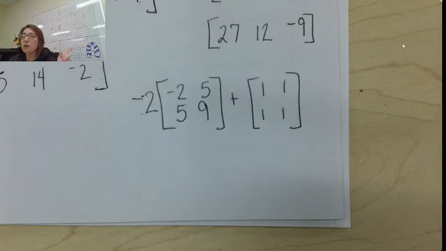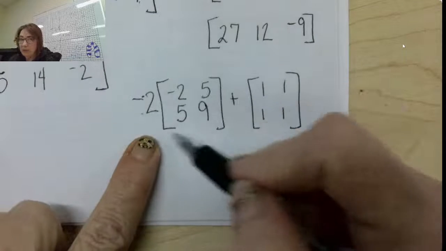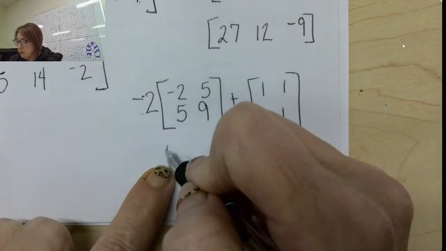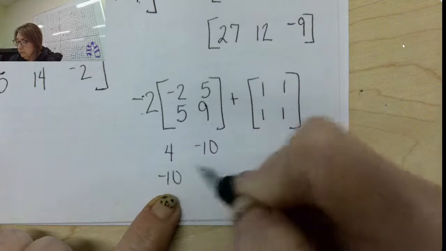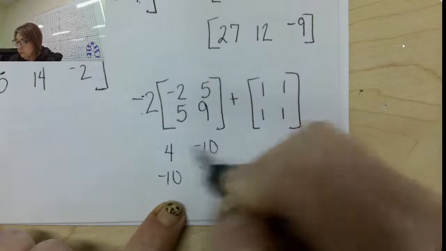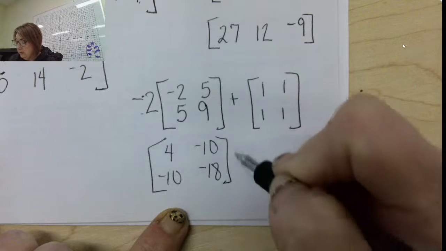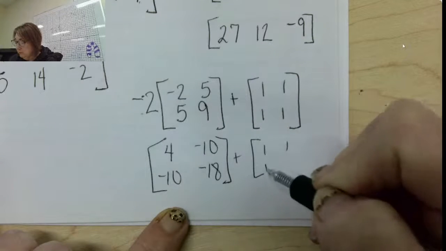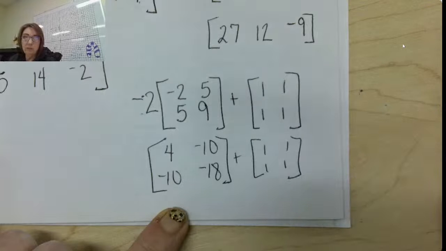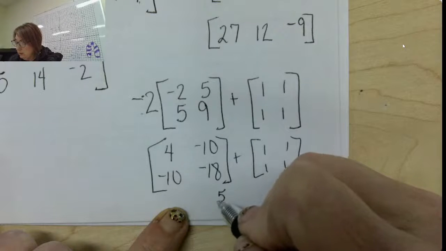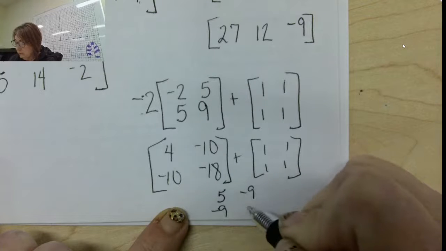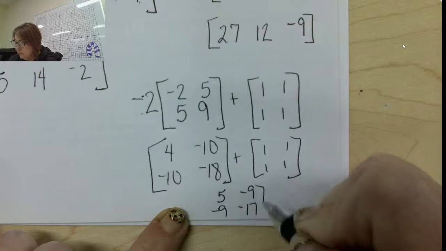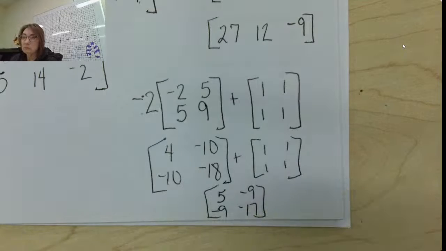So you would multiply everything here by -2. So it's going to give us 4. Right? And then we add 1 to all of them. And that's our answer. And that's it.